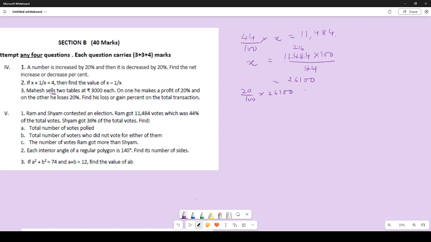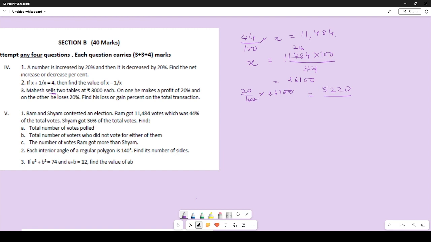When you look at it, this sum would be equal to 5220. So 5220 votes were polled for neither one of them.